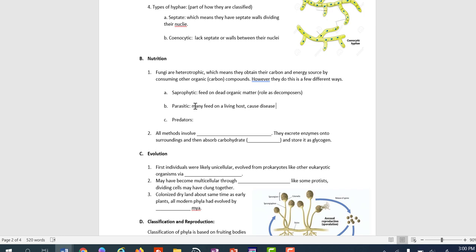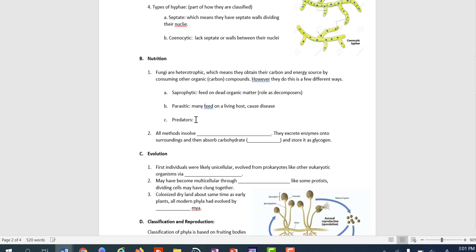If you know a little bit about trees and forestry, foresters or even sawmills cutting wood out of various trees, you get heart rot or root rot, and all of these are related to various types of fungi that infect the plant and lead to disease.